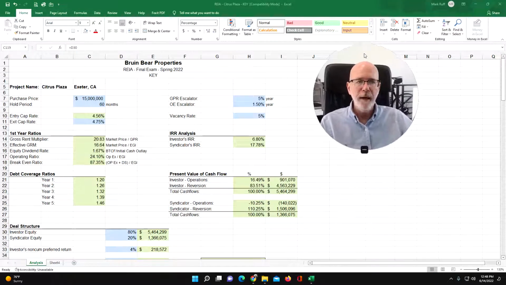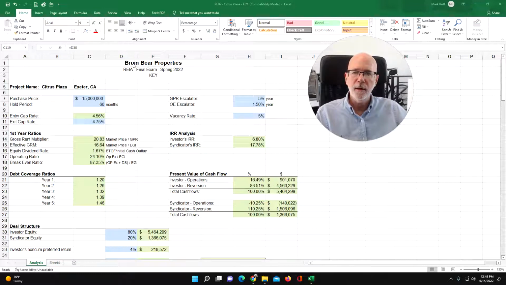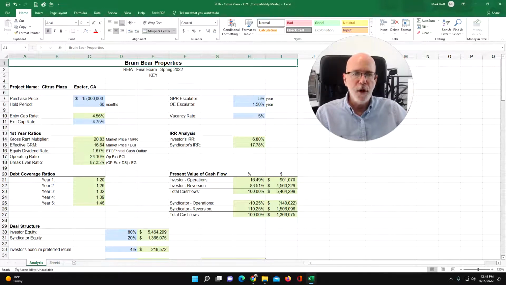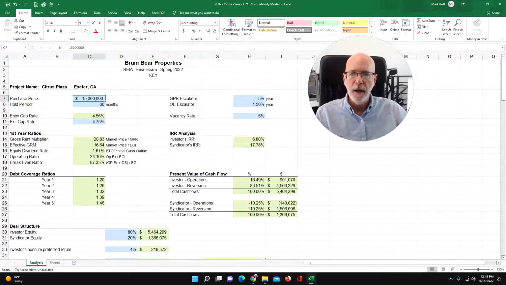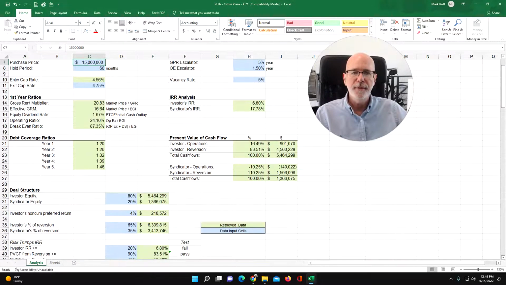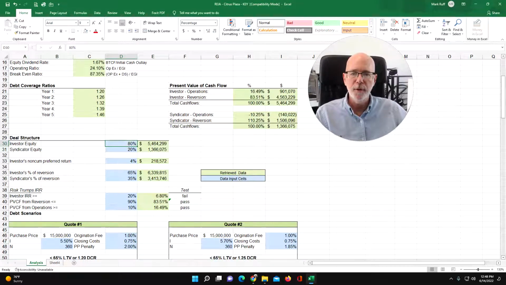All right, now what I've done here is I've said, okay, this is Bruin Bear Properties. These are not the actual numbers from the case, right? You can see here, I have thrown in a $15 million purchase price, okay? I've changed some of the deal structure here. I've changed this to an 80-20.